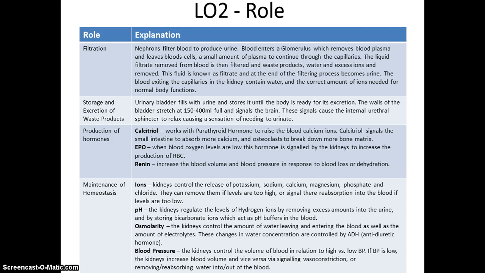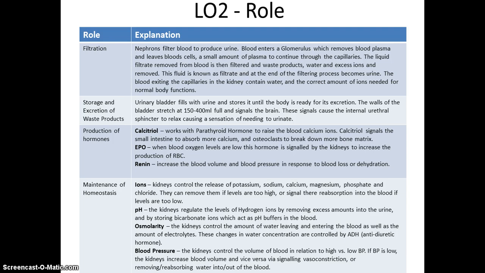So the kidneys can signal for vasoconstriction or vasodilation, and it can also signal for an increase in absorption of water in the stomach and large intestines, or obviously a decrease in the absorption, depending on if you're dehydrated or superhydrated. So that in a nutshell is all the roles of the urinary system.